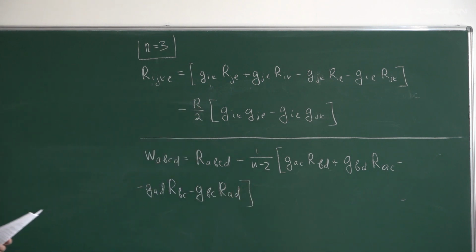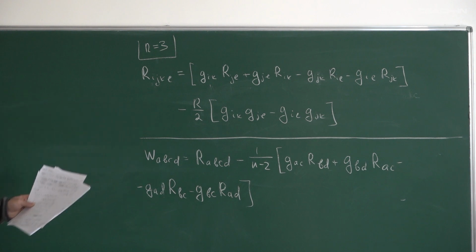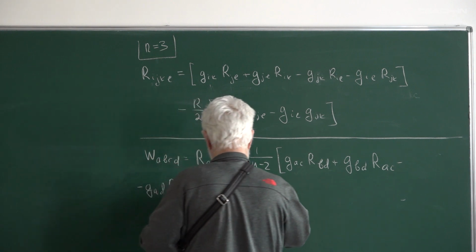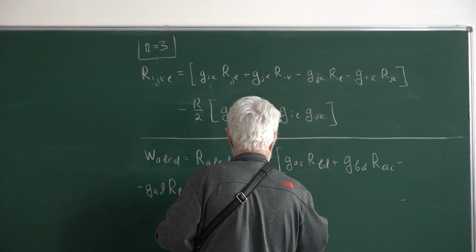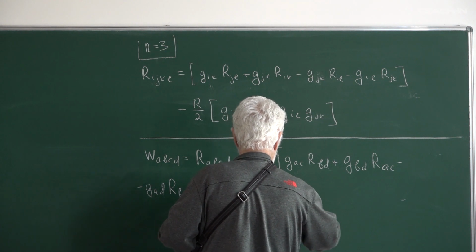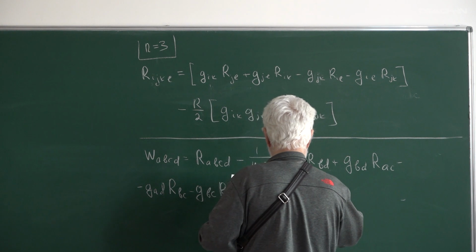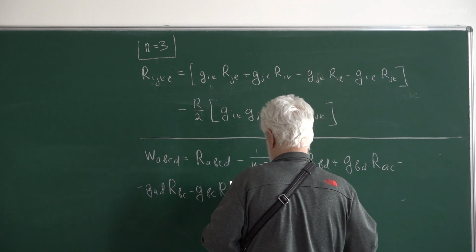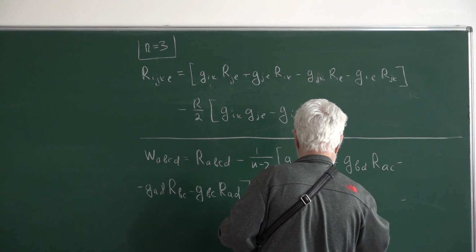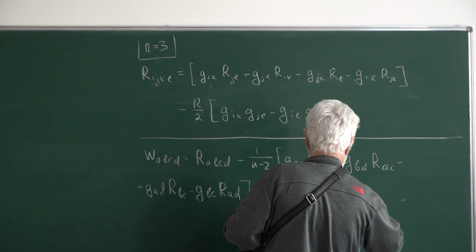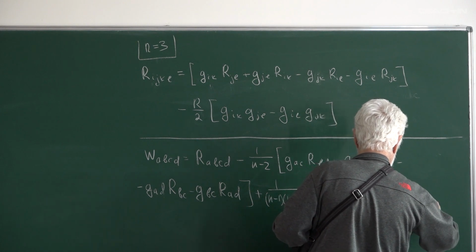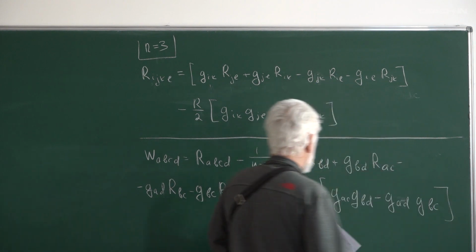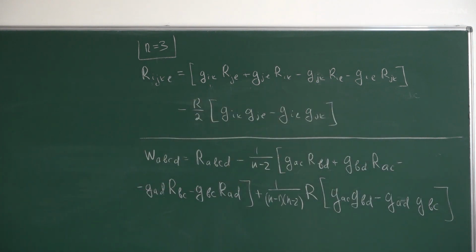You use the same structure. For n equal to 3, we have exactly this formula. Plus 1 divided by (n minus 1)(n minus 2) R, g_{AC} g_{BD}... So let's introduce the following tensor.